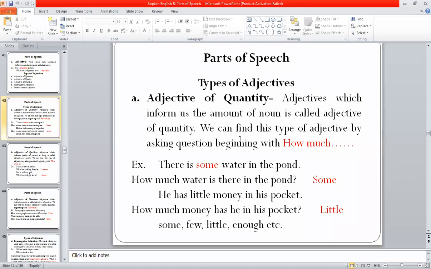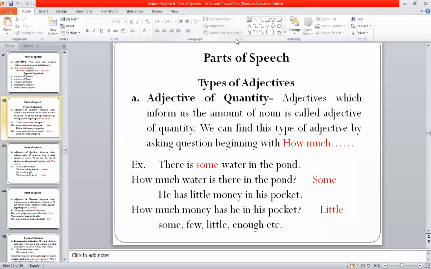Adjectives which inform us how much amount of that noun is there in that sentence are called adjectives of quantity.